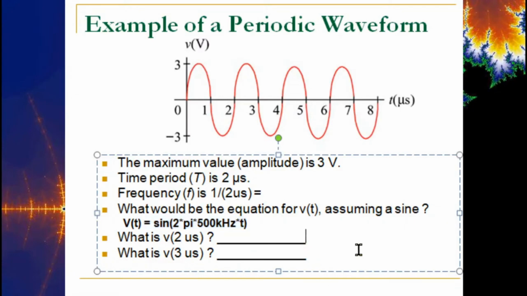Okay? Now, for these two, you don't need that equation to calculate, do you? It says, what is the voltage at 2 microseconds? Well, we have a graph right here. What's the voltage at 2 microseconds? So if I said V of 2 microseconds, what would be the voltage?